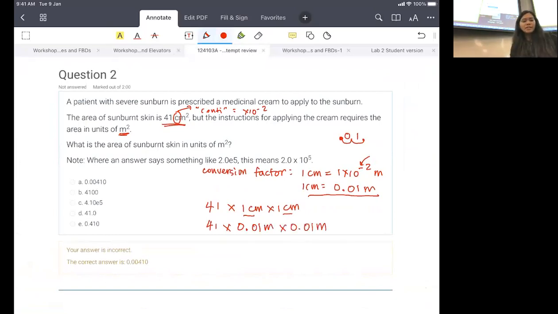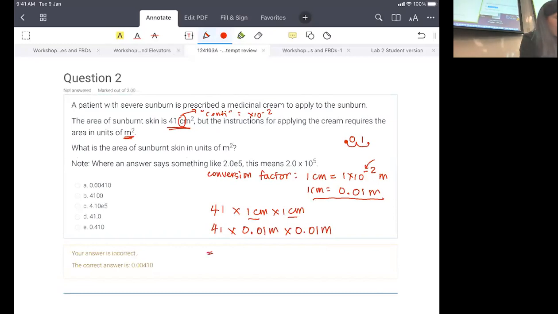You can see there we did the conversion of centimeters to meters twice because it's a centimeter squared. Okay? And then get your calculator and do the multiplication. 41 times 0.01 times 0.01 should give you 0.0041 meters times meters, that's equivalent to saying meters squared. So that should be choice A.